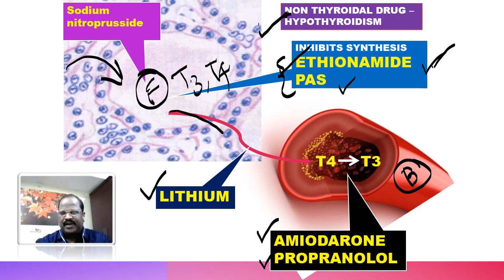By inhibiting uptake of iodine, it causes inhibition of synthesis of T3, T4, thereby causing hypothyroidism. That means you should know there are some non-thyroidal drugs causing hypothyroidism. What are they and how are they causing hypothyroidism? All are important points. That finishes some important aspects of anti-thyroid drugs. Read well.